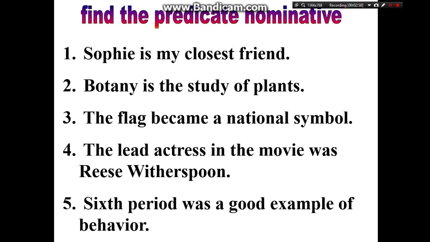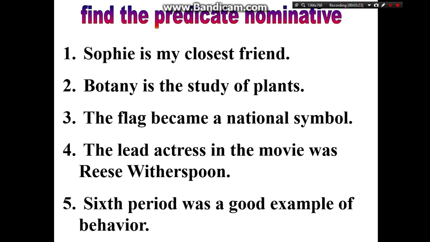Number 2, botany is the study of plants. Now remember, of plants is a prepositional phrase. You can't find anything in prepositional phrases, so don't tell me that botany and plants are the same thing. That's not true. So then if you look, is your linking verb. And what is botany? It is the study. Study is your predicate nominative or predicate noun.